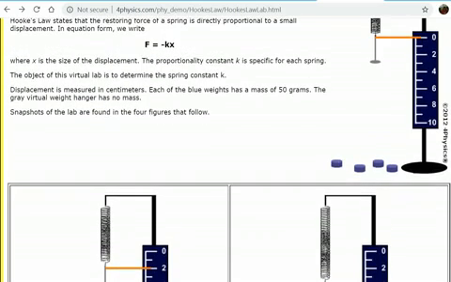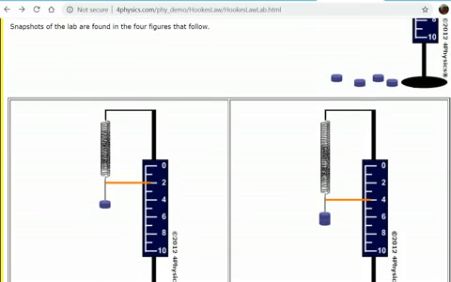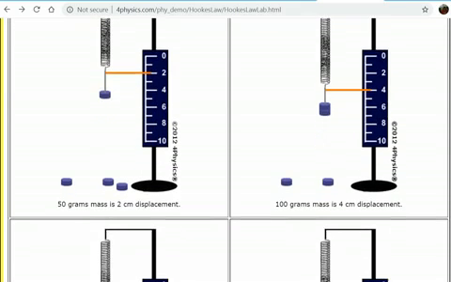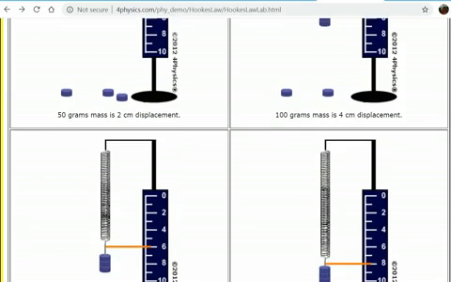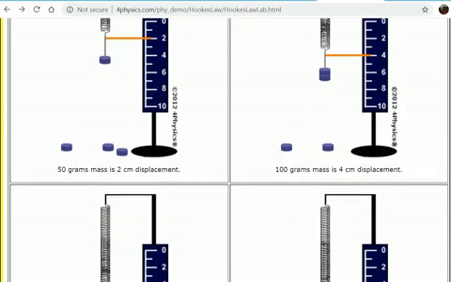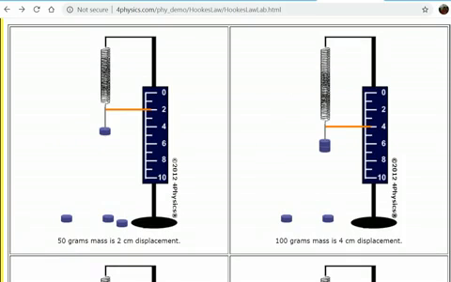And the spring and the ruler here is graduated in centimeters. So we will have a situation where they took 4 different recordings. We have 4 different recordings that we have carried out. We place a 50 gram mass on the spring and the displacement.